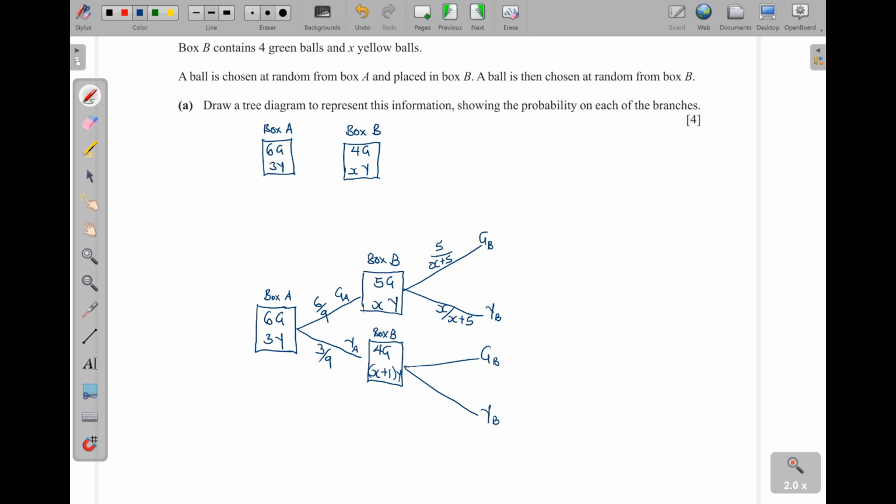And then down here we shall have 4, then plus X plus 1, that will be X plus 5. So the denominator is X plus 5. And then the probability of picking a green is 4 out of that X plus 5. And then for yellow, it is going to be X plus 1 over X plus 5. So that is going to be our tree diagram.